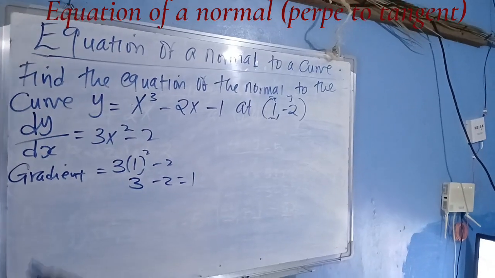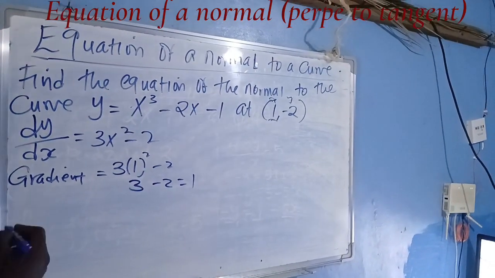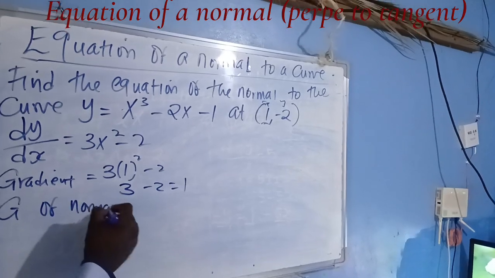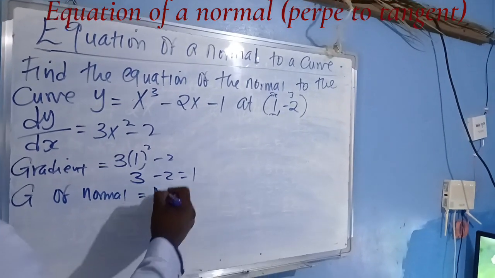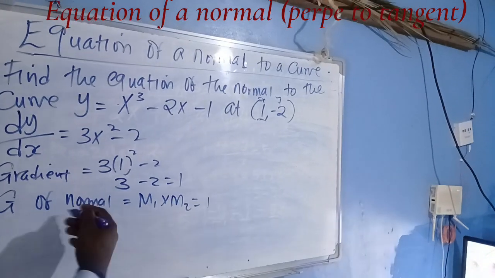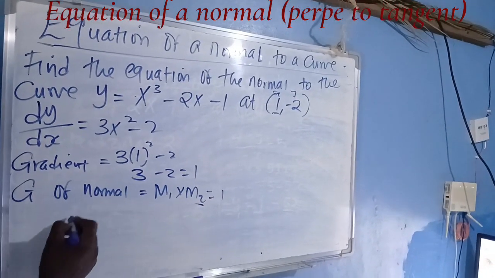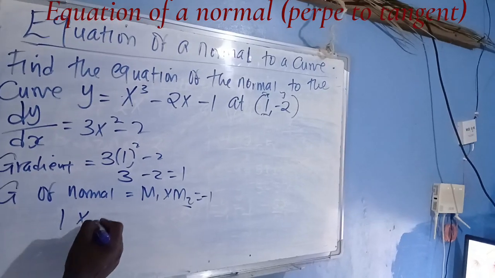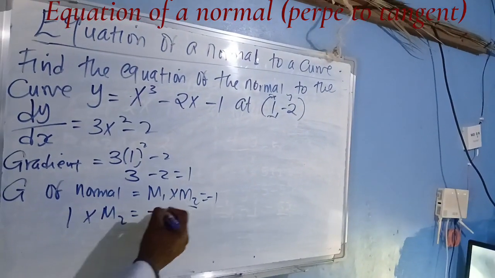So if the gradient of the tangent is 1, the gradient of the normal will be given by m1 times m2 is equal to -1. So 1 times m2 is equal to -1.